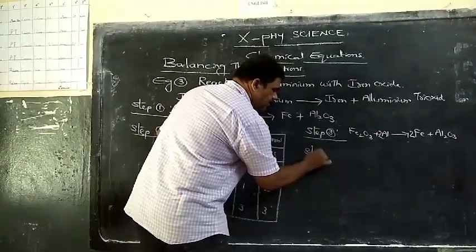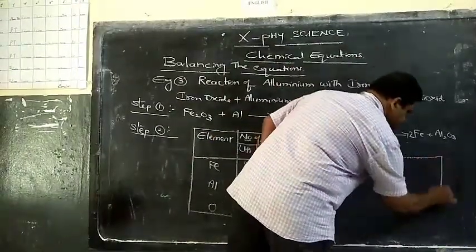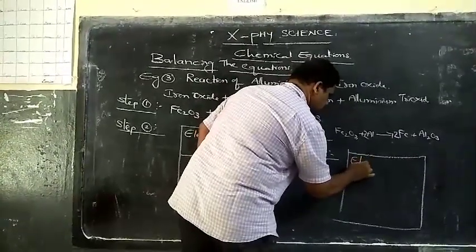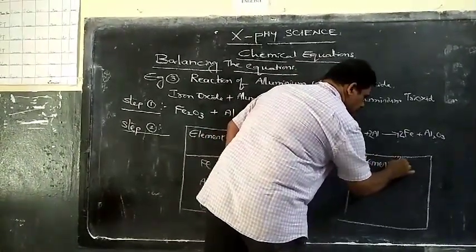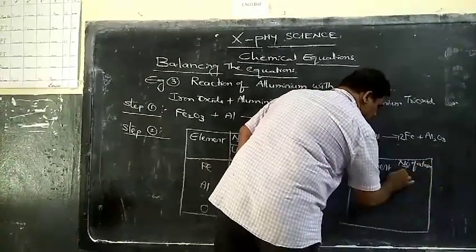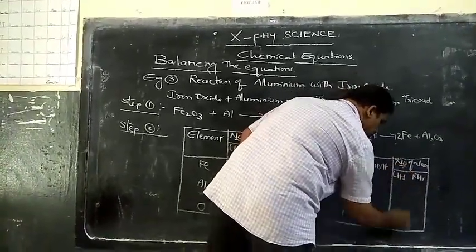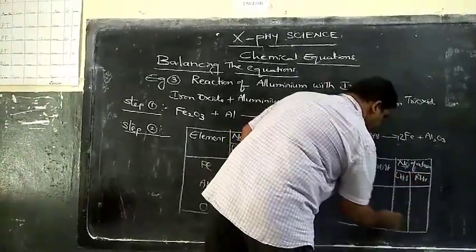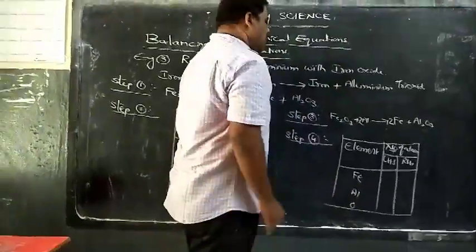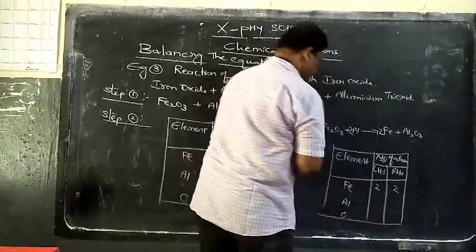Now in step 4, we should cross check. Iron: on the left side there are 2 iron atoms, on the right side also 2.